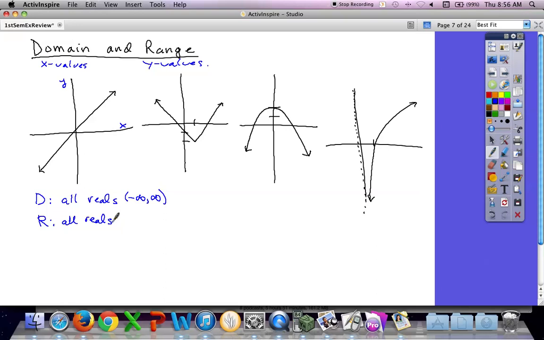Okay. How about this absolute value V? What is the domain? Look in the X direction. The arrows definitely are going to the right and to the left, all reals. So that one's good. Can we say the same thing about the Y's?